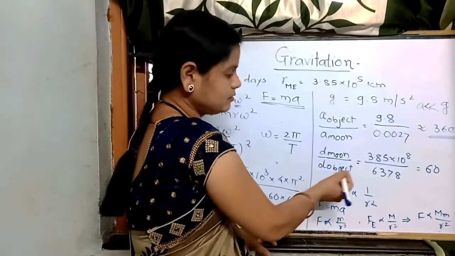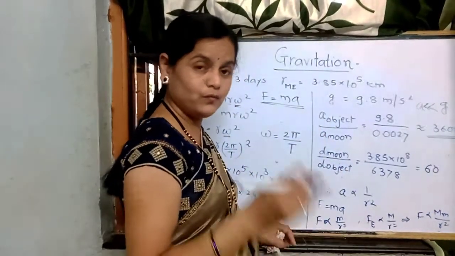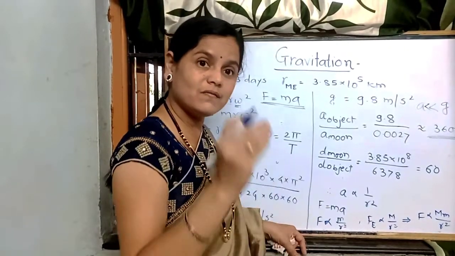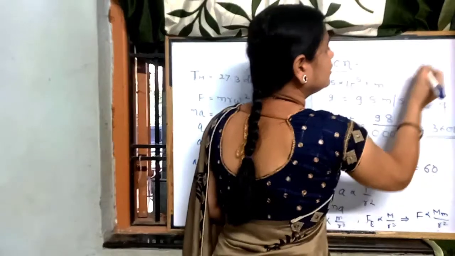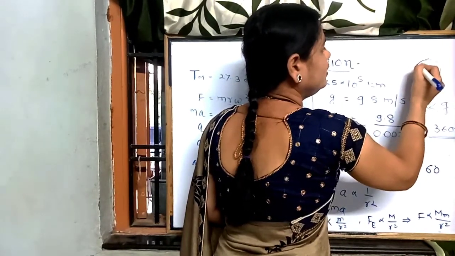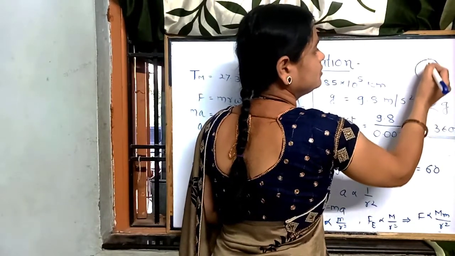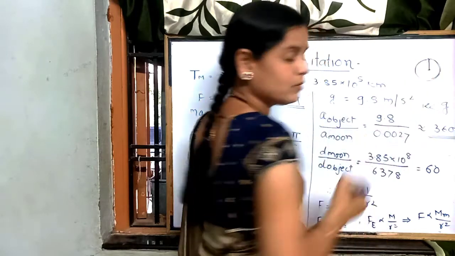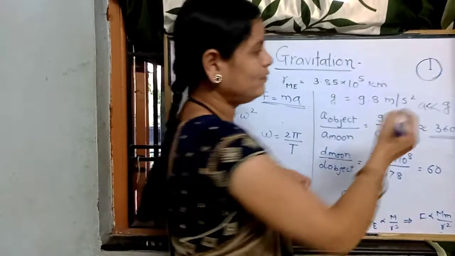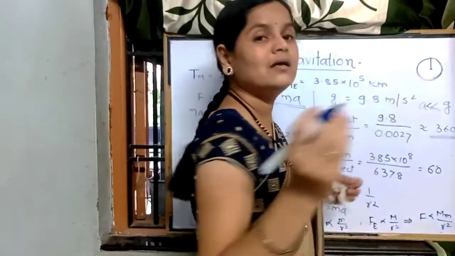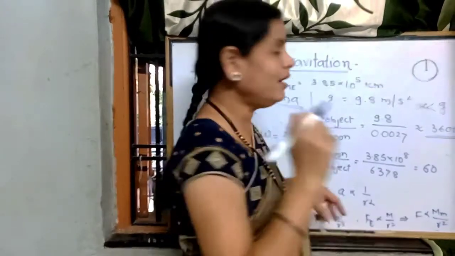And the distance of an object which is situated on the surface of the earth, very near or close to the earth, must be equal to the radius of the earth.